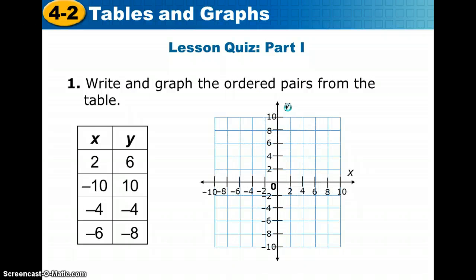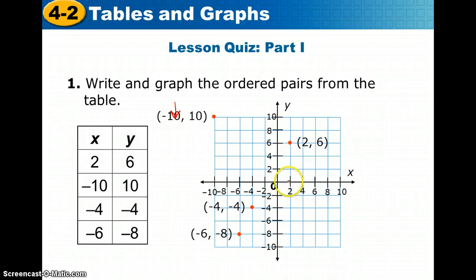Let's write and graph the ordered pairs from the table. Pause now and try to write your ordered pairs right here, and then graph them on the coordinate grid. All right, here's what your grid should look like. How did you do?